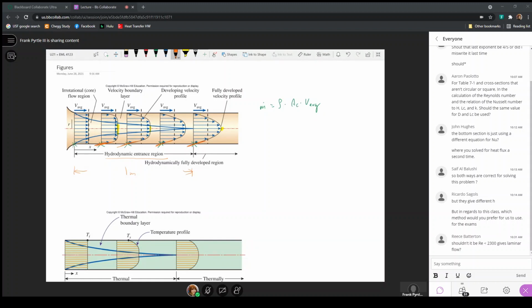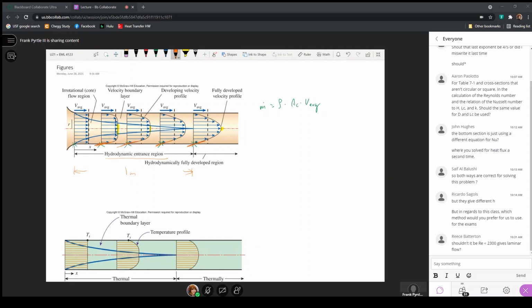If I have a pipe that's 100 meters long, such that only 1 meter contains the hydrodynamic entry region and the other 99 meters is fully developed, then the effect of the hydrodynamic entry region on a pipe that's 100 meters long is going to be insignificant, because the hydrodynamic entry region is only that first meter, and 99 are in the fully developed region. Typically, we consider that if the hydrodynamic entry region is less than 10% of the length of the total pipe, we can ignore what's happening in the hydrodynamic entry region and only consider what's happening in the fully developed region.